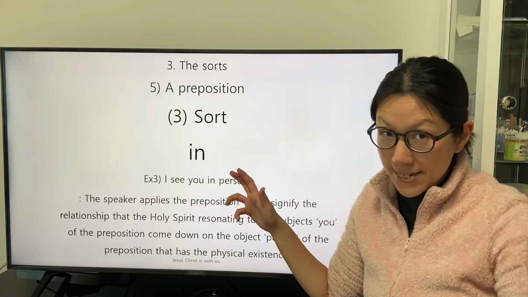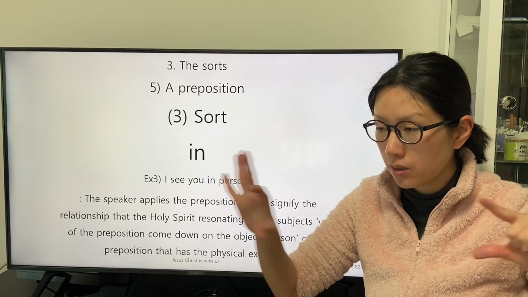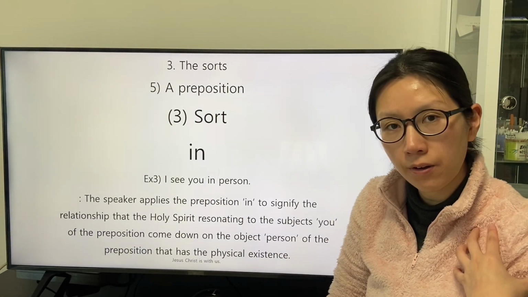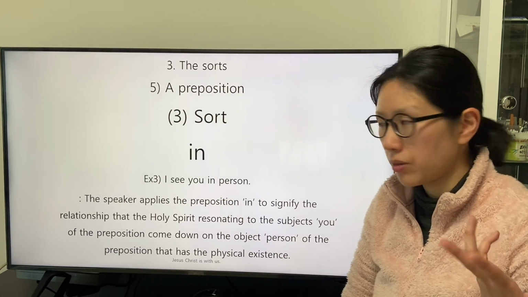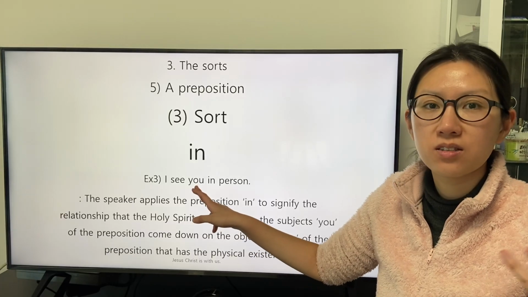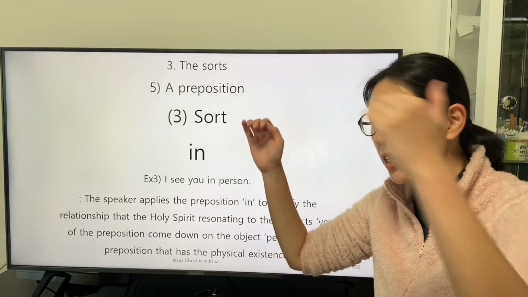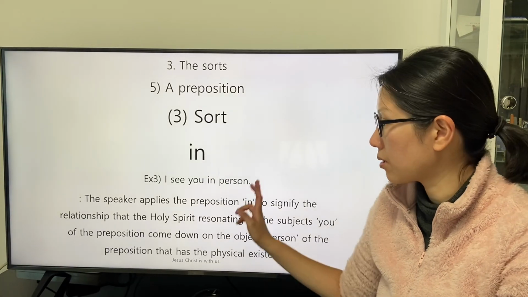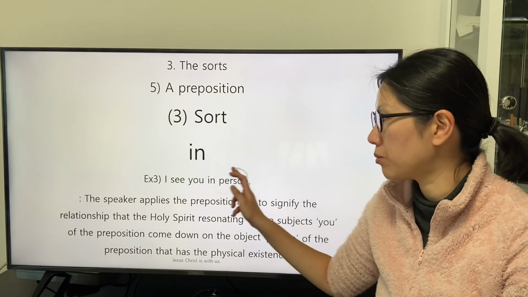From the basic and principal definition of the preposition in, we can think of the situation that the listeners are included in the object indicated by the general noun person.